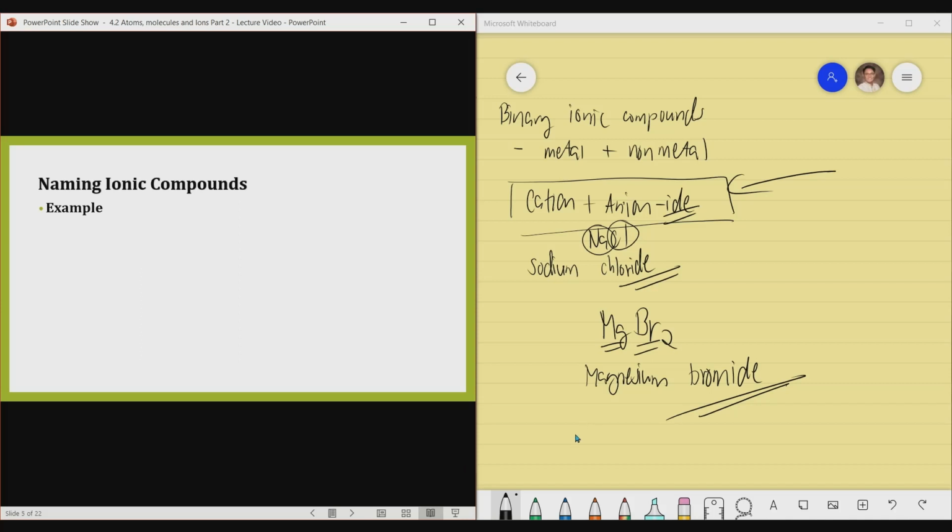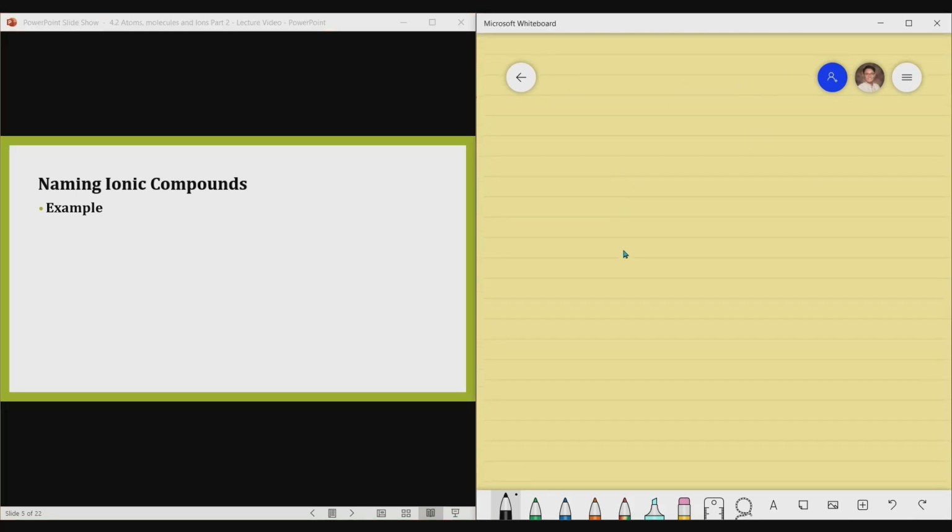Now, what about more examples? These are just more examples on how to name binary ionic compounds. So let us discuss them. Again, remember the format. Let me write again the format so that we have a guide. We need to have your cation plus anion and then the IDE.